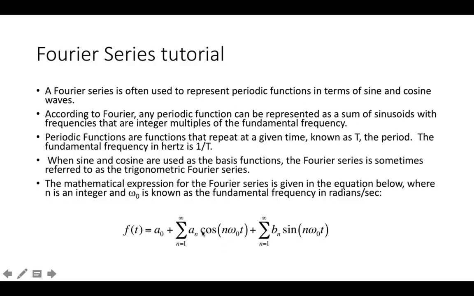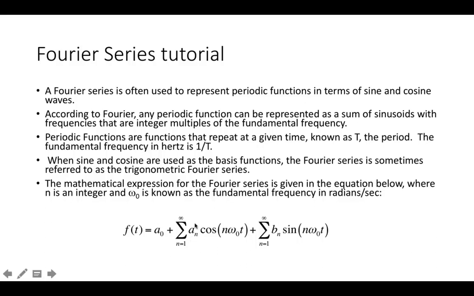What they give you an idea of is, for a given value of n, let's take n equals 2, this frequency would be 2 omega naught. So the cosine function would be the cosine of 2 omega naught t. As you've seen in previous videos, that's just a cosine function with a given frequency.